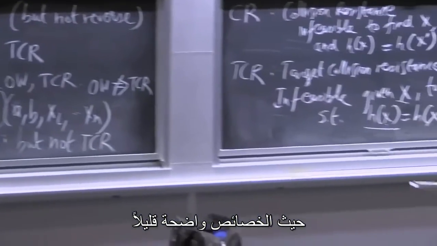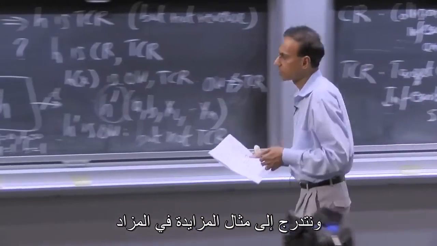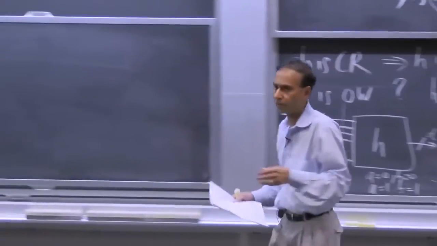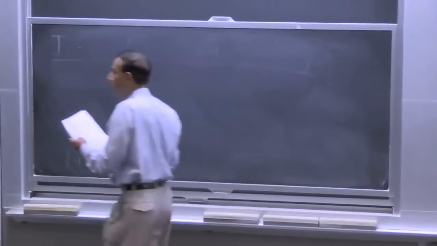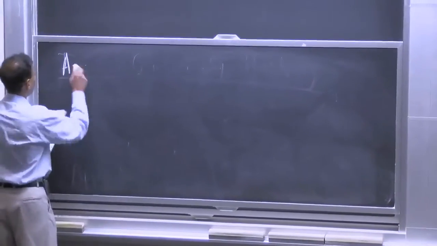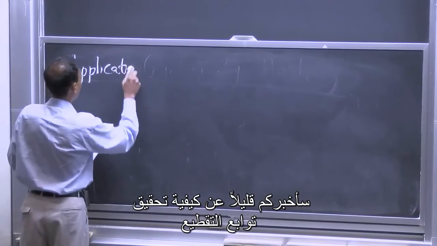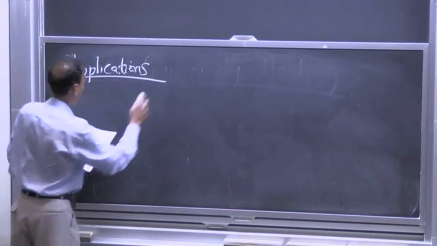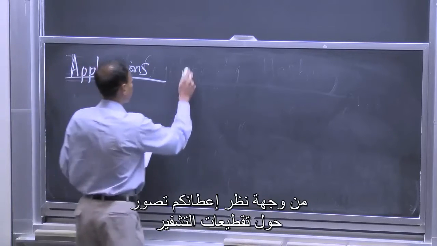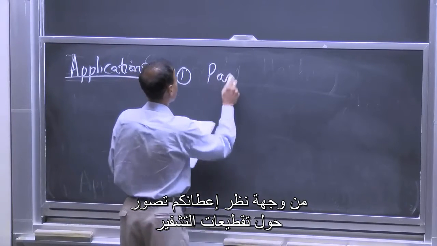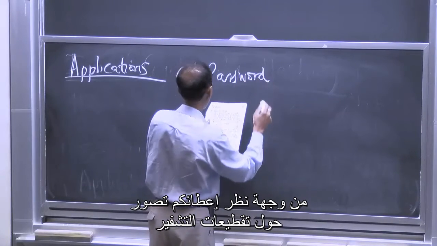We'll start with fairly simple examples where the properties are somewhat obvious, and graduate to this auction bidding example, which should be the culmination of at least this part of the lecture. And depending on how much time I have, I'll tell you a little bit about how to implement hash functions. But I think these things are more important from a standpoint of giving you a sense of cryptographic hashes.